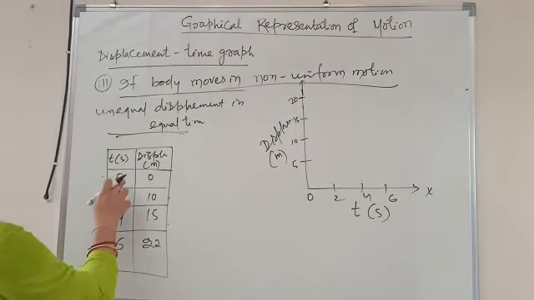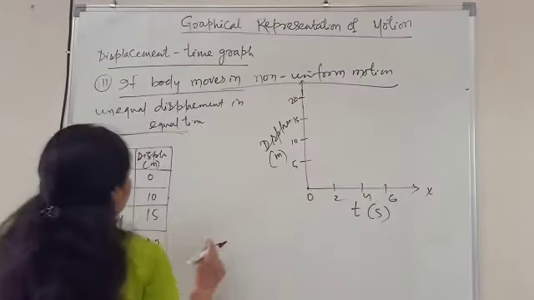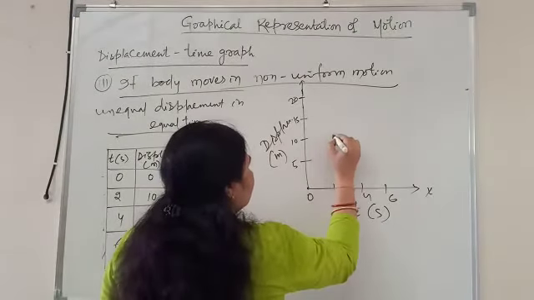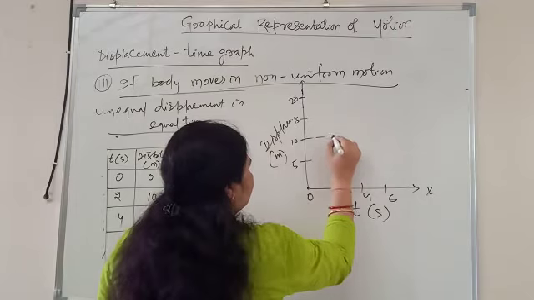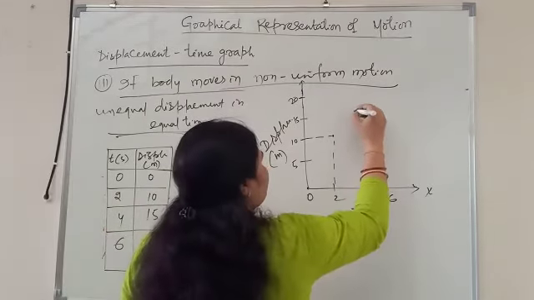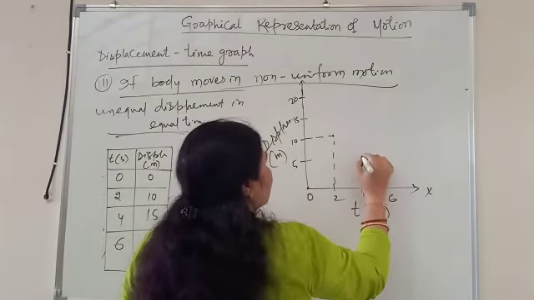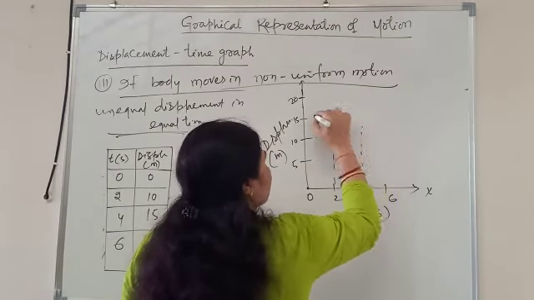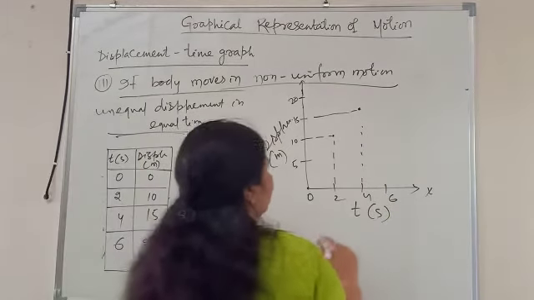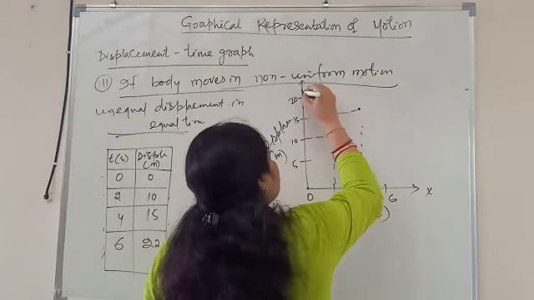Now put 0, 0 first. Next, when it is 2 seconds, it is 10. When it is 4 seconds, it is 15. When it is 6 seconds, it is 22. 22 will come around somewhere here.